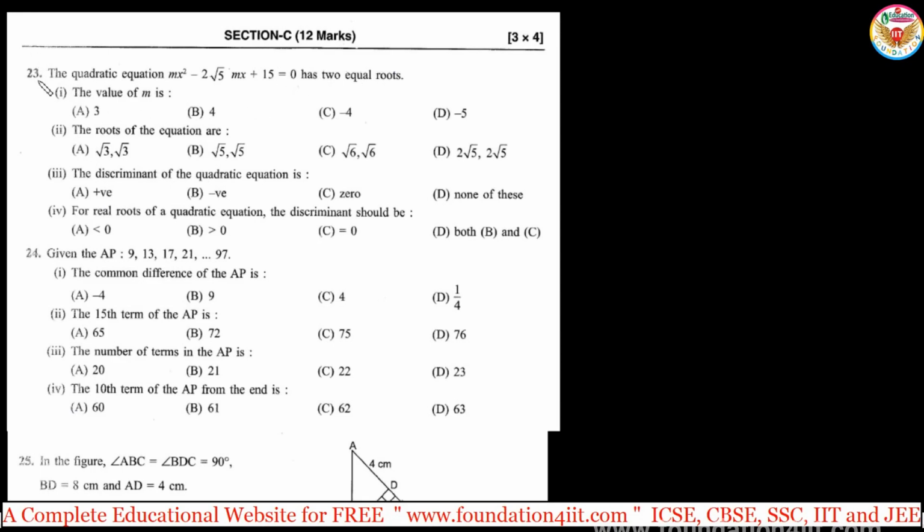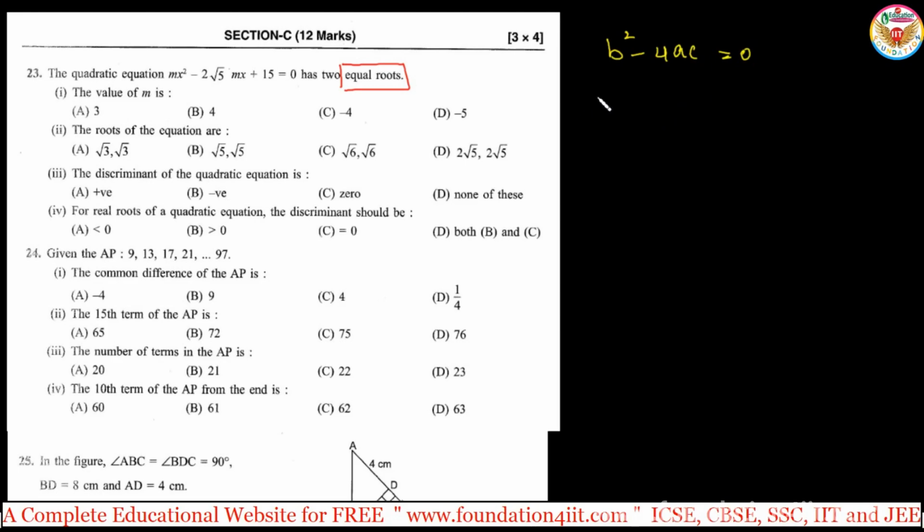Let us see this first one. The quadratic equation mx square minus 2 root 5 mx plus 15 is equal to 0 has 2 equal roots. They mentioned roots are equal, then the discriminant is equal to 0. Then find the value of m. So the discriminant, that is b square minus 4ac, is equal to 0.